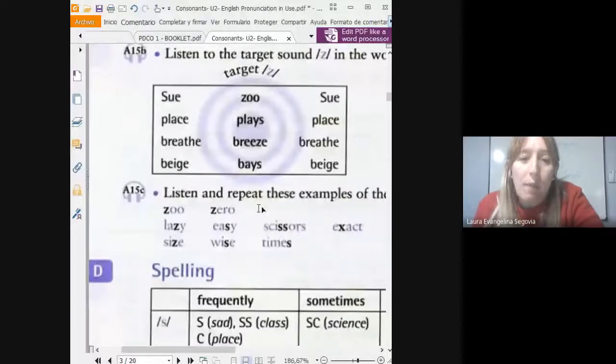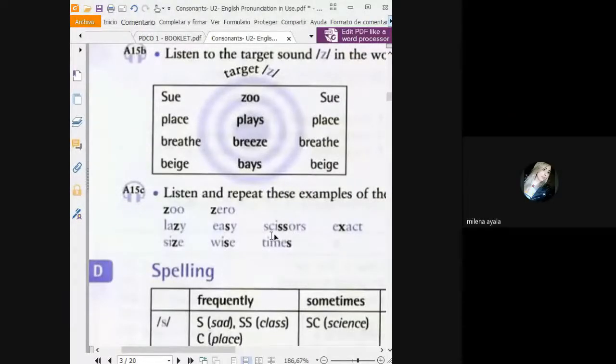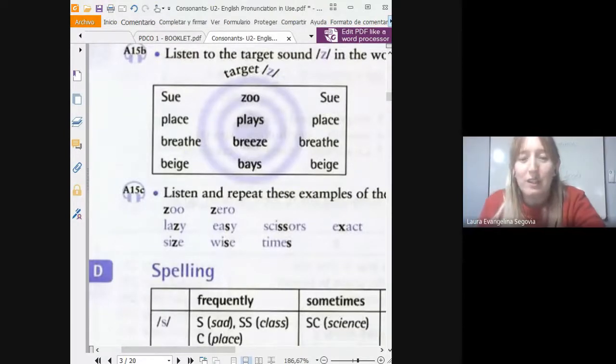Exact. Exact. Exact. And this one. Scissors. Okay, good. But you were not saying the sentences.